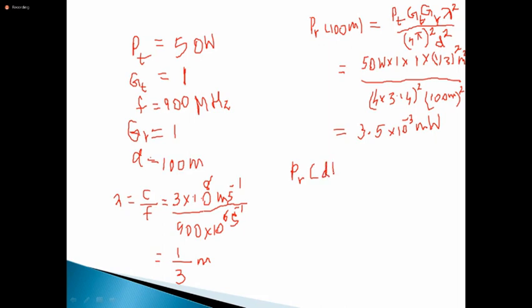PR in dBm is 10 log of 3.5 into 10 to the power minus 3 milliwatts divided by 1 milliwatt, right?